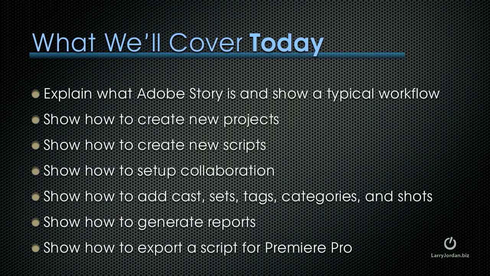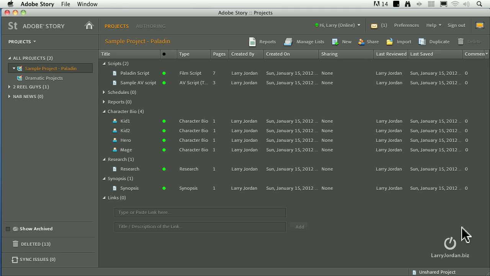What I want to cover today is to show you what Adobe Story is and illustrate a typical workflow, show you how to create new projects, show how to create new scripts, show how to set up collaboration, how to add cast, sets, tags, categories, and shots, how to generate reports, and how to export a script for integration into Premiere Pro.